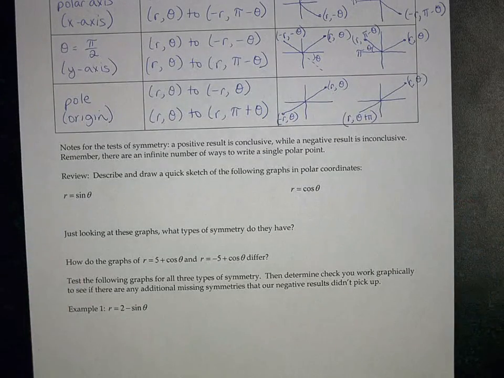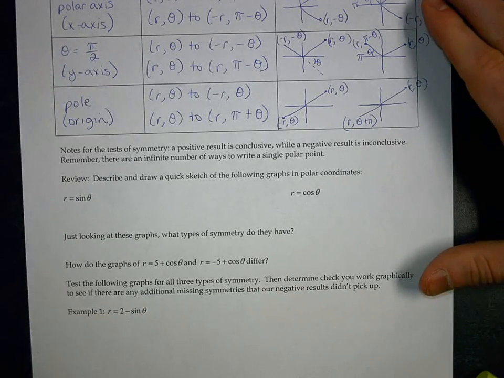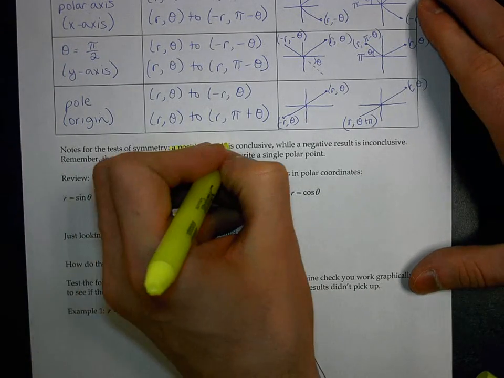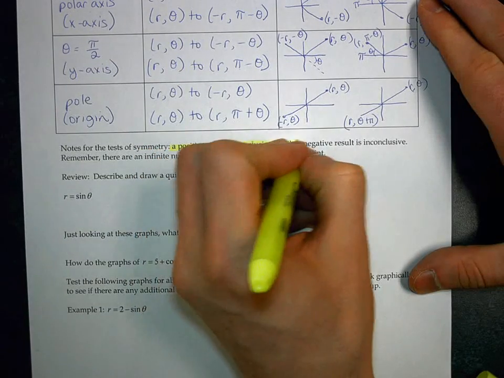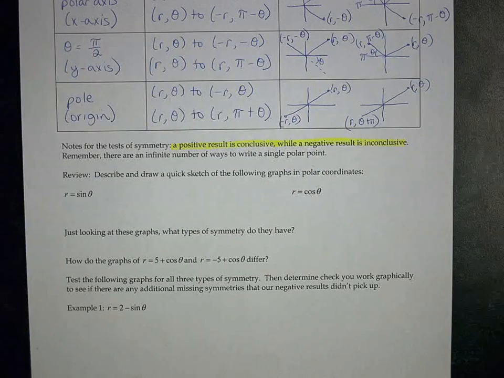Now a couple things are different about polar than rectangular coordinates. Probably the first thing is that even though I can do a test for this symmetry, I can't necessarily prove it doesn't exist. So right here, if you'd highlight, note for these tests for summary, a positive result is conclusive, while a negative result is inconclusive for symmetry.